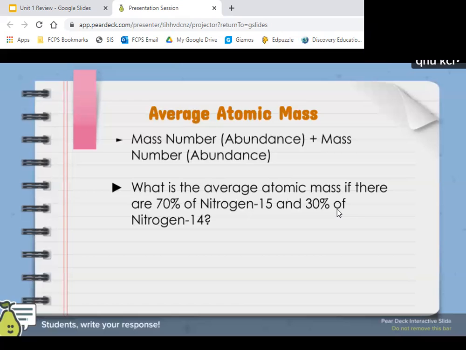Remember we have to use the mass number. Plus 0.3.